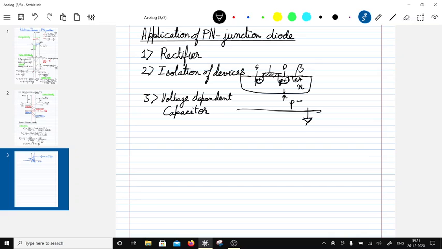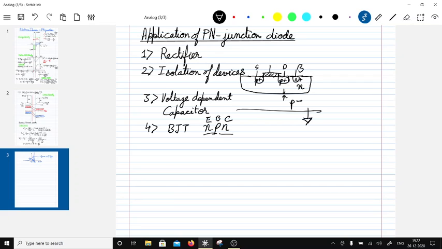Another thing is, in the case of a BJT, you have two such PN junctions back to back. Let's consider an NPN. There is the base emitter junction, and then the base collector junction, which is the PN junction here. The properties of these back to back junctions decide the characteristics of the BJT.